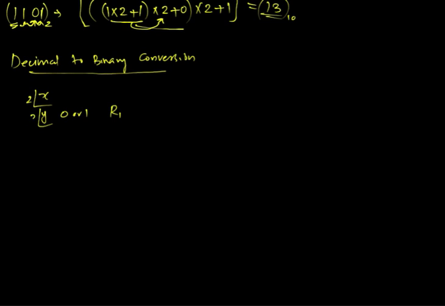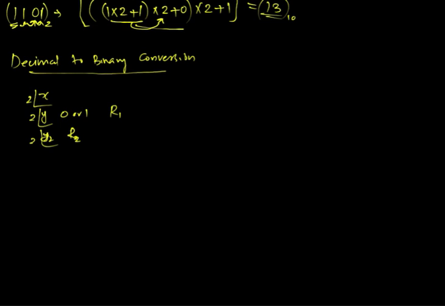Then again divide the quotient by 2. That will give a quotient y2 and a remainder of 0 or 1, let it be r2.